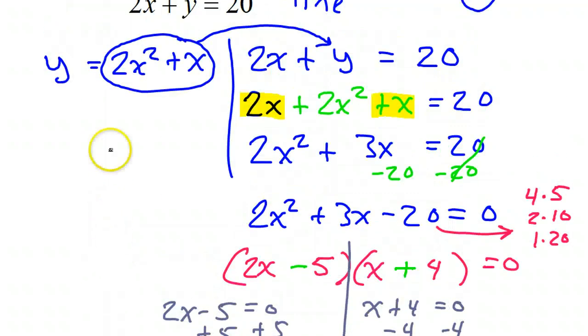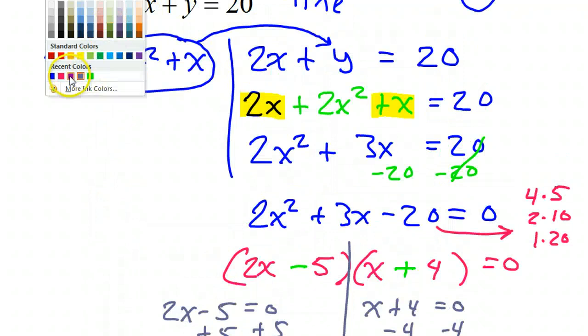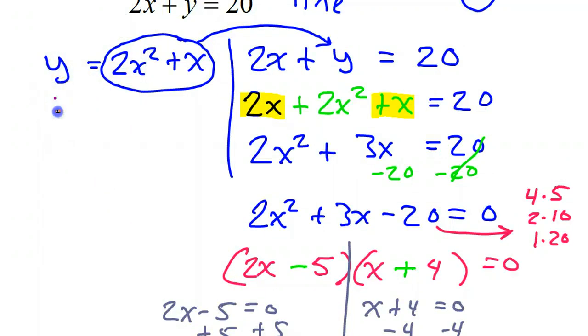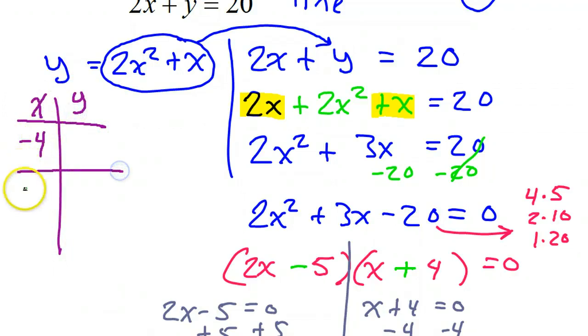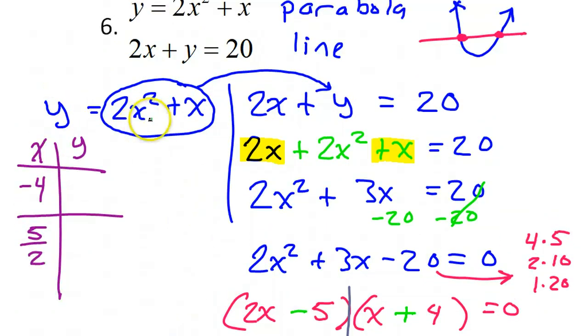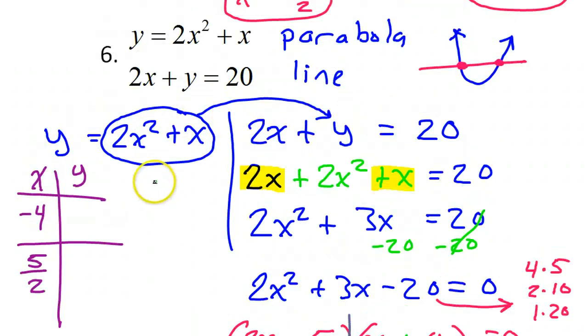Alright, let's go make our t-chart, our xy chart. So we had negative 4 and we had 5 over 2. Now, this is all squared and whatnot. You have a choice, all right?